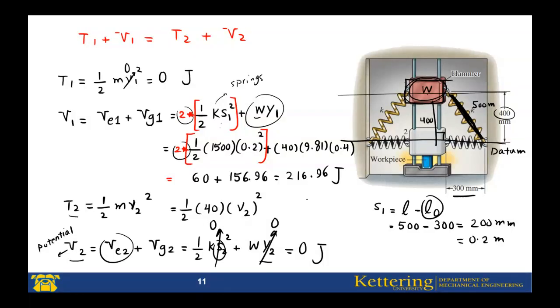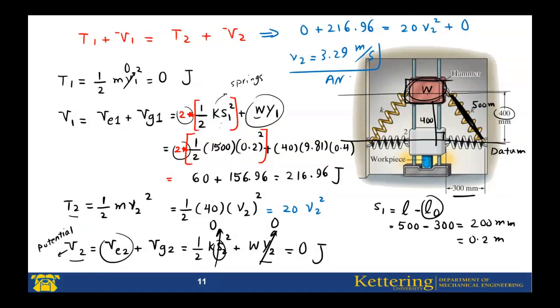Now, we have everything here. If I put it into this equation, 0 plus 216.96 equals 20 V2 squared plus 0. If you calculate the velocity, it will be 3.29 meters per second, and this is the answer.